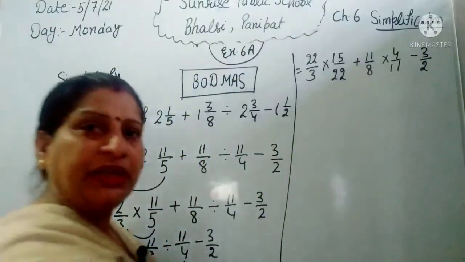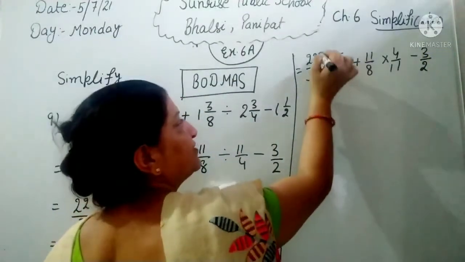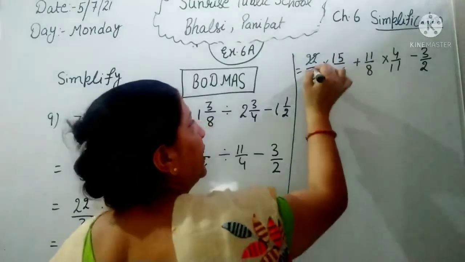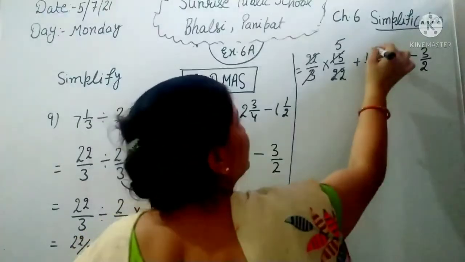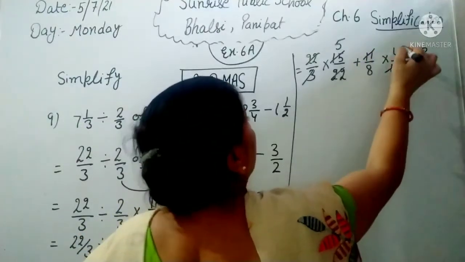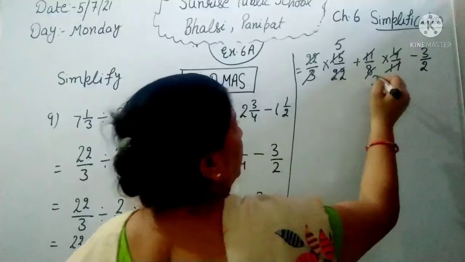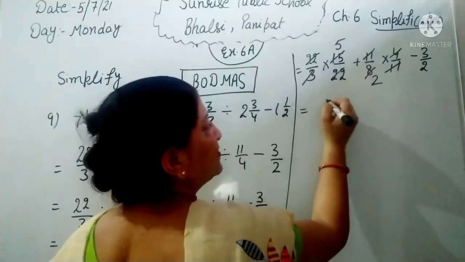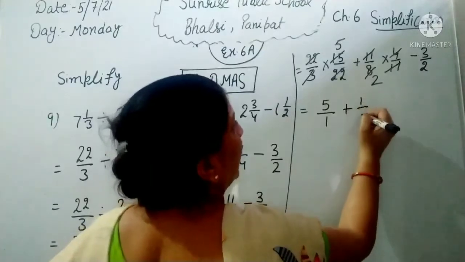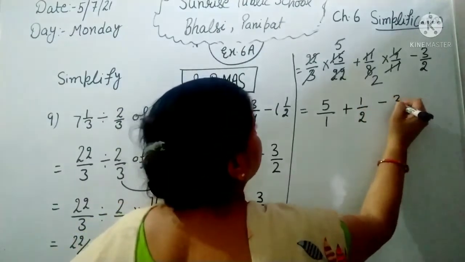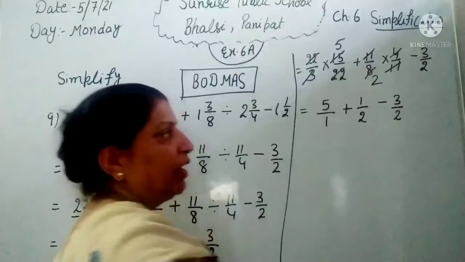Now here we see that this 22 is divisible by 22, and now 3 5s are 15. Now here also 11 1 ja 11 and 4 2s are 8. Now here our number becomes 5 by 1 plus 1 by 2 and minus 3 by 2.